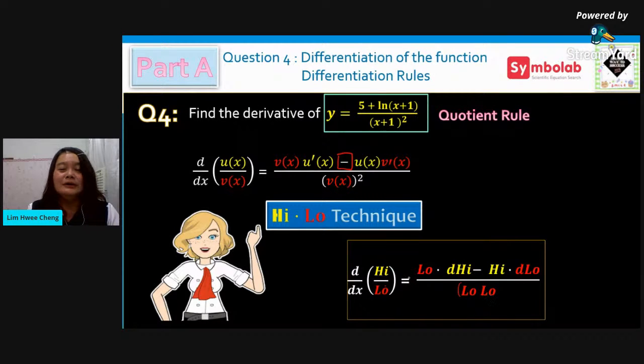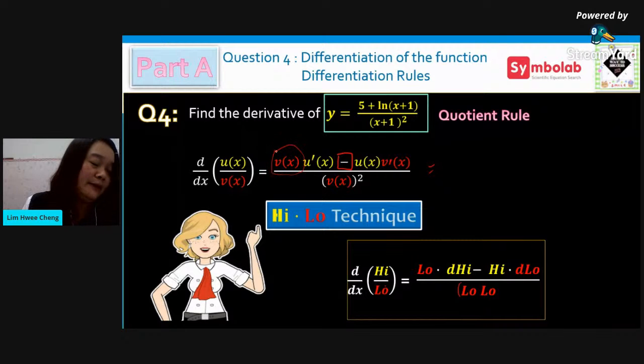This phrase will help you remember. If you don't like this, you may just remember v u prime: you must start with v, you cannot start with u. If you start with u, it's a different story. So this one you must remember.